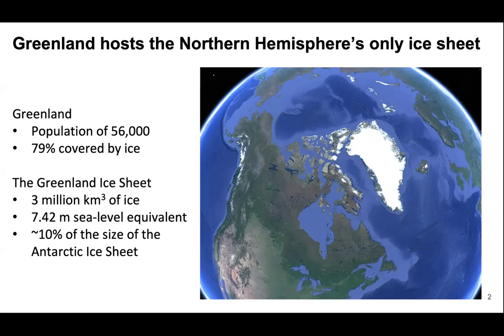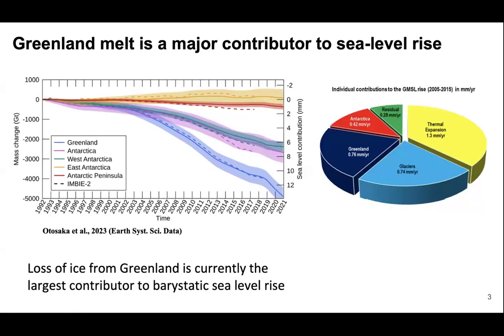That's obviously a lot of ice, but relatively speaking it's the junior ice sheet on Earth today. It's only about 10% of the size of the Antarctic ice sheet. But despite that disparity in magnitude, Greenland is a major contributor to sea level change today.